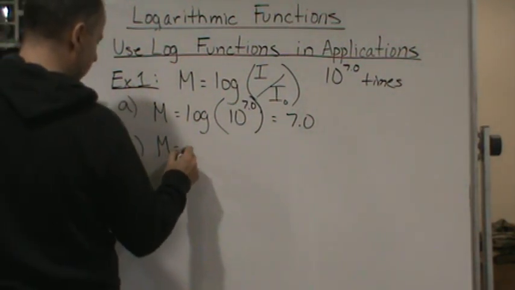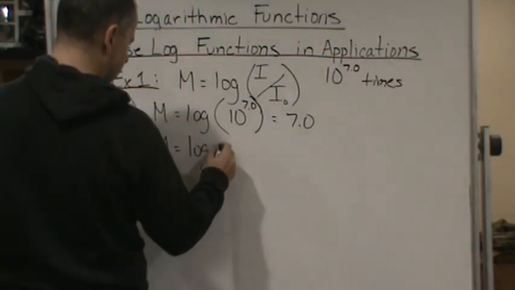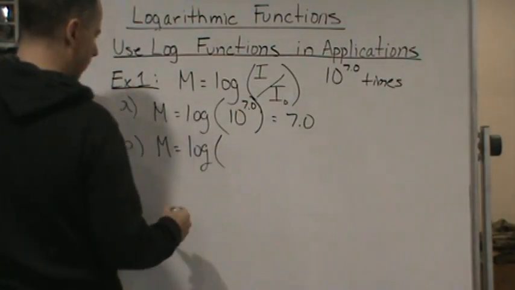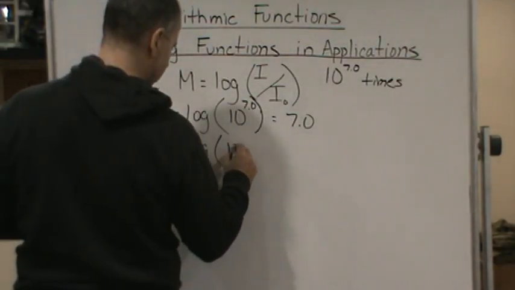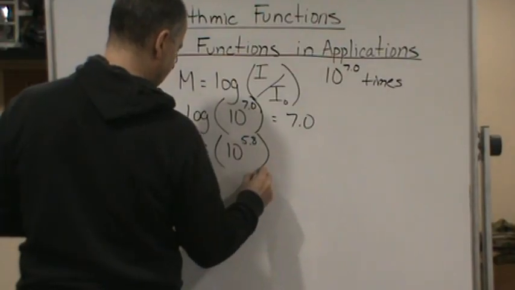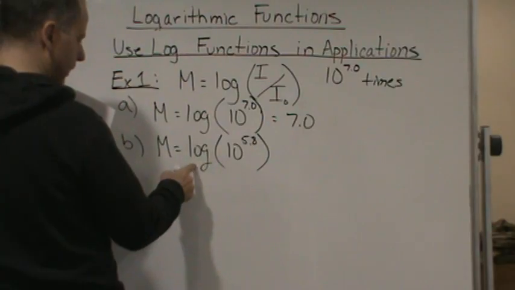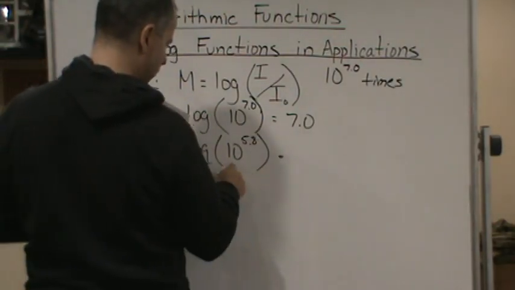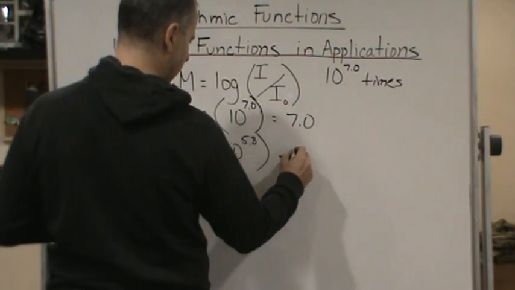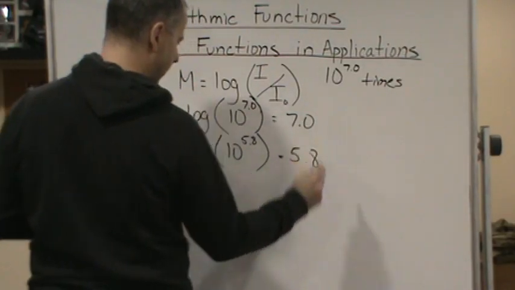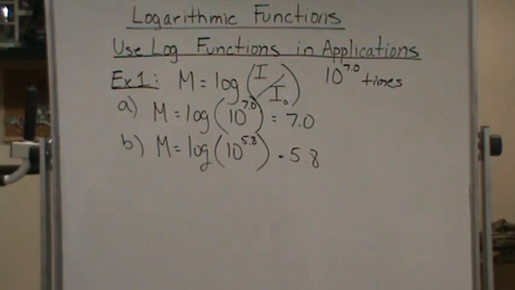We're just going to replace this ratio with 10 to the 5.8. And likewise, the log and the exponential are going to drop out, using the property of logs, and we're going to get a magnitude of 5.8 on the seismograph.